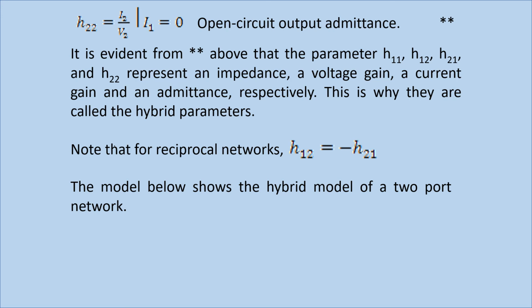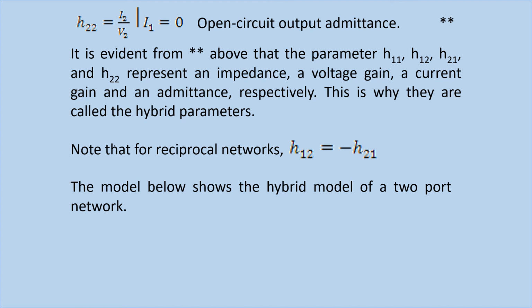Now we can see that hybrid parameter is a mixture of different parameters and ratios. Our H11 is an impedance parameter, our H12 is a voltage gain, our H21 is a current gain, and our H22 is an admittance, making it a combination of different parameters.